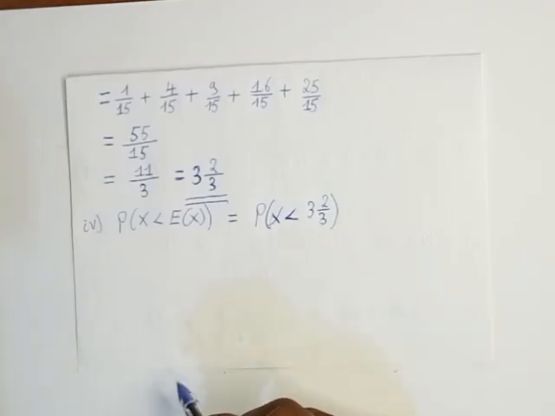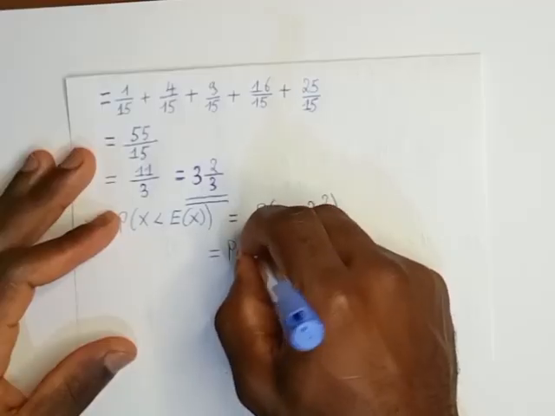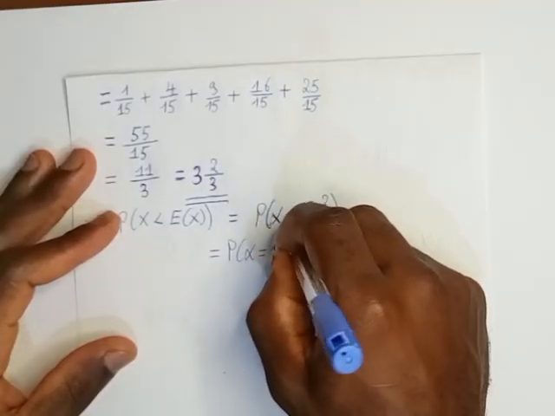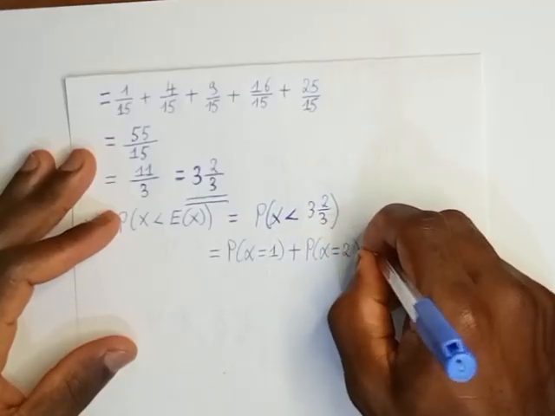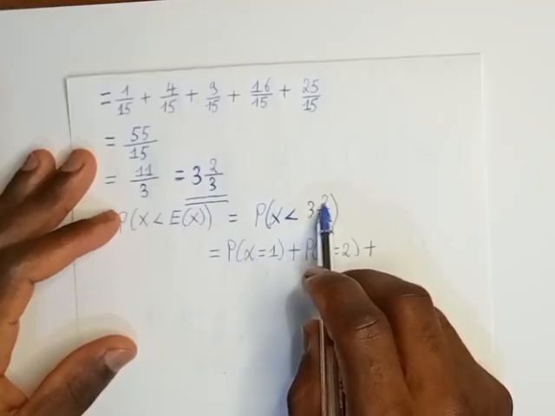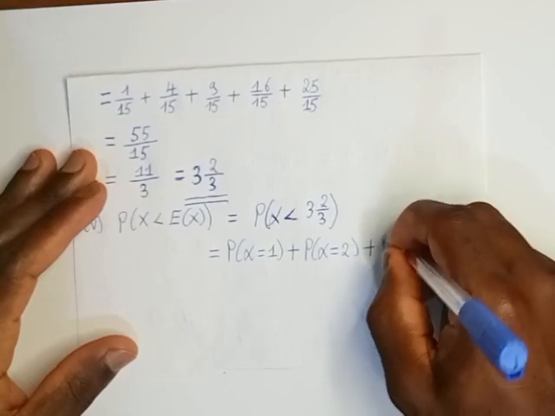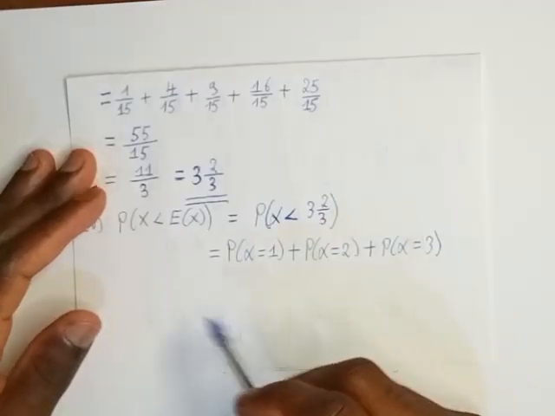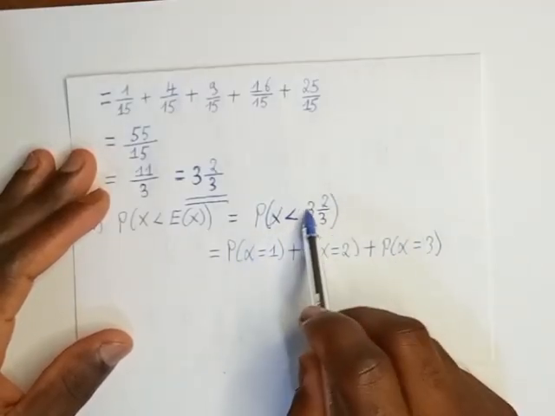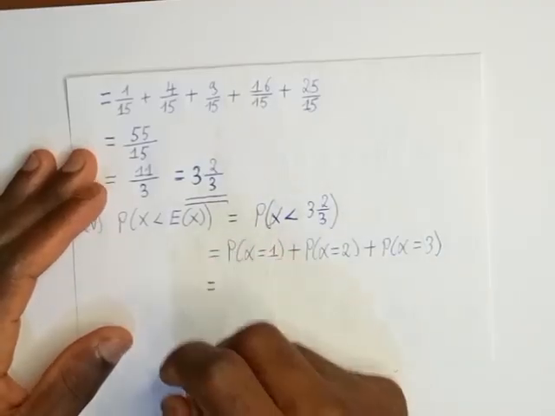We take from x equal to 1, so this is P(X = 1) plus P(X = 2) plus P(X = 3). We end here because if we take x equal to 4, 4 is greater than this.